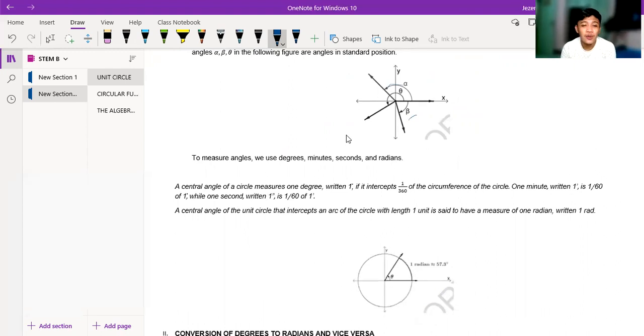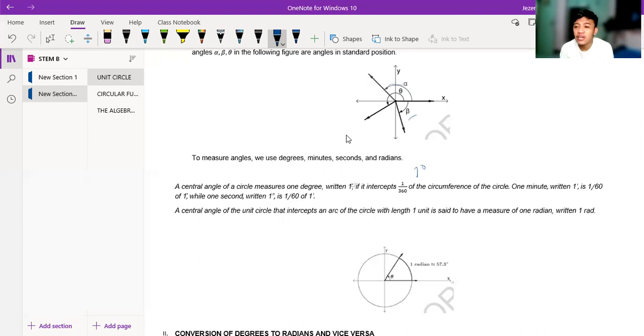Okay? So, sabi dito, a central angle of a circle measures 1 degree, written 1, tapos yung may bilog, degrees, if it intercepts 1 over 360, ibig sabihin 1 degree per 1 revolution or 360 degrees of the circumference of the circle.